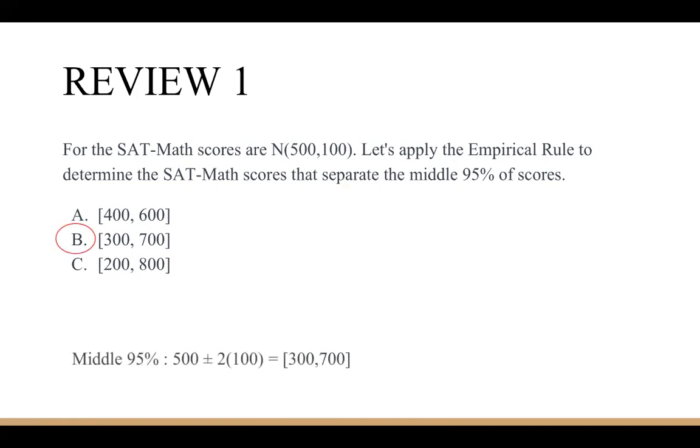In that case, your z-score would be 2. You remember our z-score for 95% confidence intervals is typically 2. So we then would just plug it into our normal confidence interval formula. 500 is our mean. Add and subtract from that 2 times our standard error, which is 100. And we get a confidence interval ranging between 300 and 700 there.